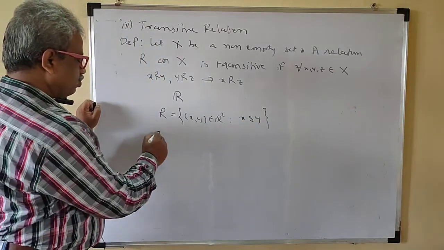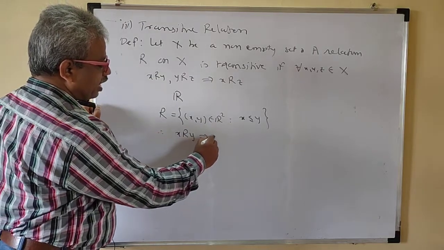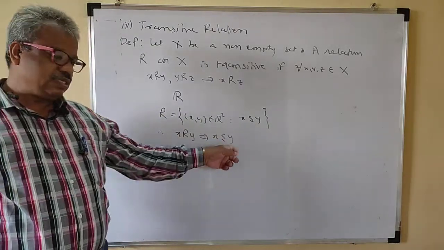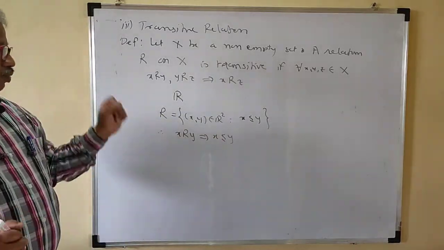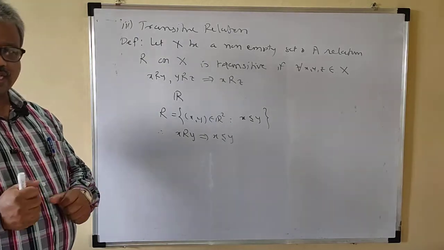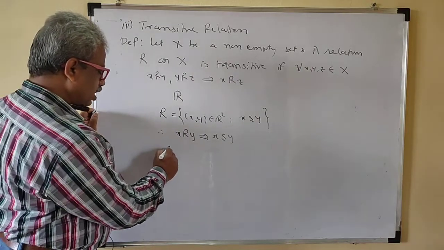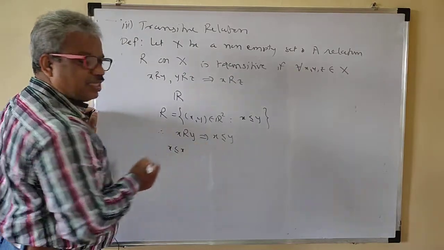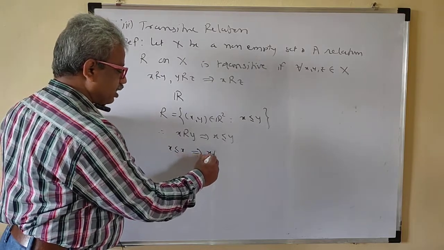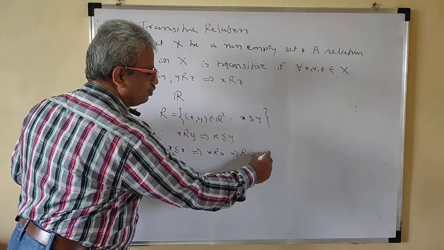So x is related to y if x is less than or equal to y. Now we will check whether this is reflexive, symmetric, transitive. Reflexive: since x is less than or equal to x, this implies that x is related to x. This implies that R is reflexive.